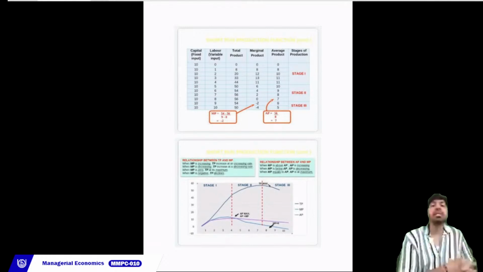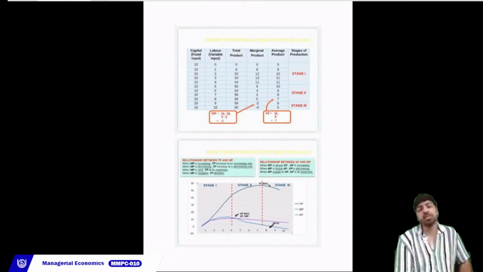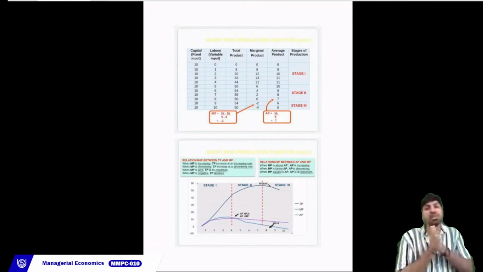If you see the values of the total product, it portrays that total product increases at an increasing rate and reaches a level of output where the total product remains constant. If you check the screen, the total product becomes constant at 56 units, that is 56 and 56. These are the two values where the total product remains constant and then starts falling.